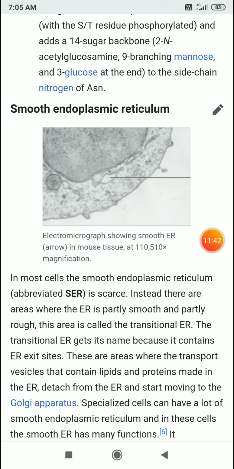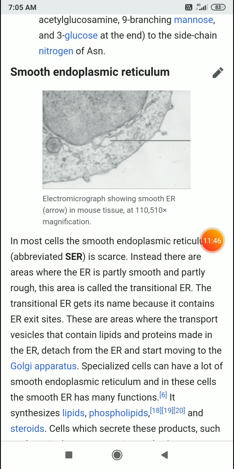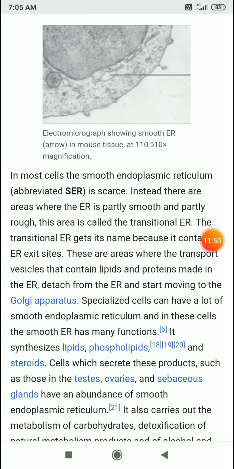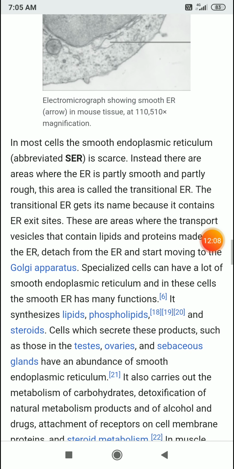Now we are going to see what is smooth endoplasmic reticulum. In most cells, the smooth endoplasmic reticulum is scarce. Instead, there are areas where the endoplasmic reticulum is partly smooth and partly rough. This area is called the transitional endoplasmic reticulum.